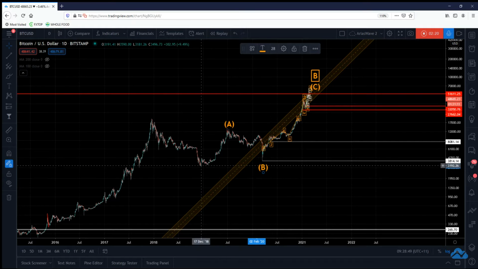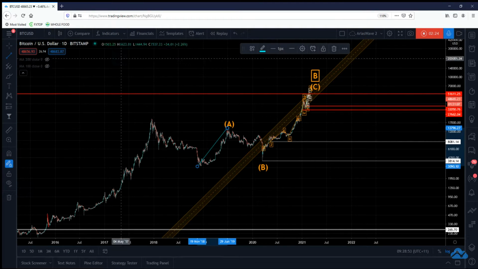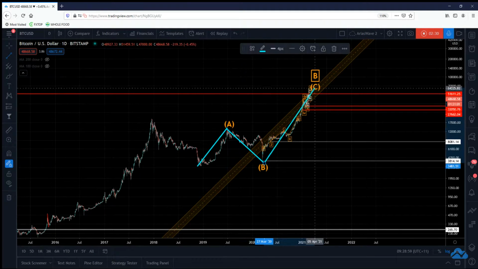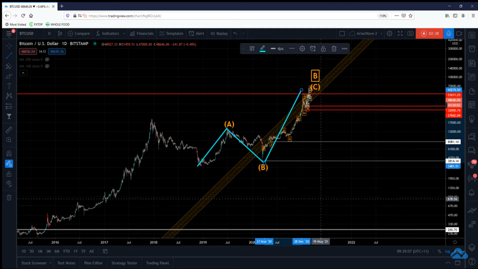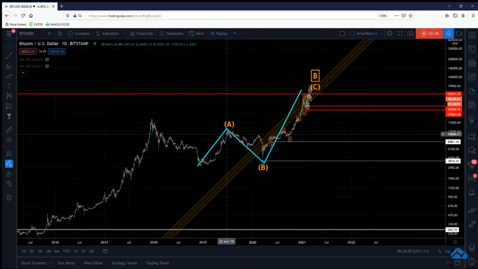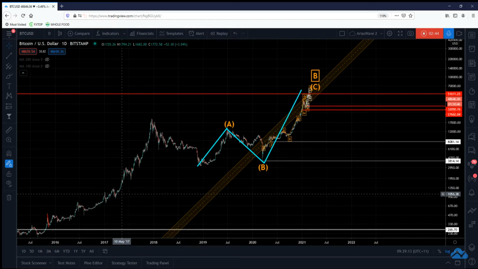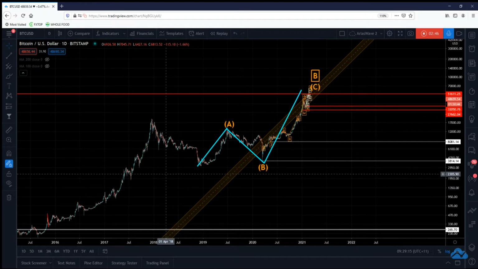I'll just mark it here like this: A, B, C. Okay, that's how I see the zigzag in that particular way. Now obviously wave C is longer than wave A. And that's because of the mania, that's because of the hype, and that's because of a lot of other things which I don't want to get into right now.